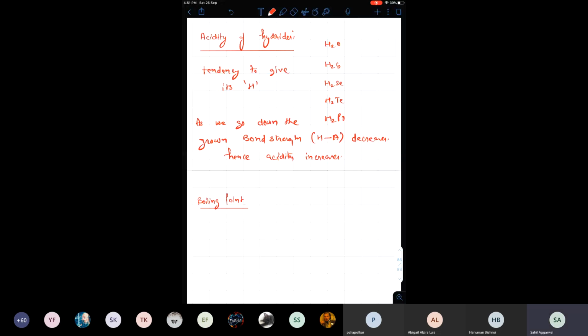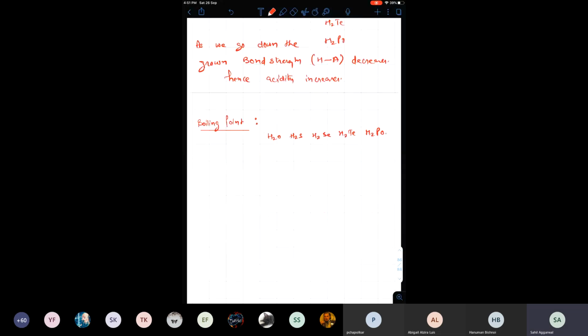Boiling point. Boiling point depends upon intermolecular forces.